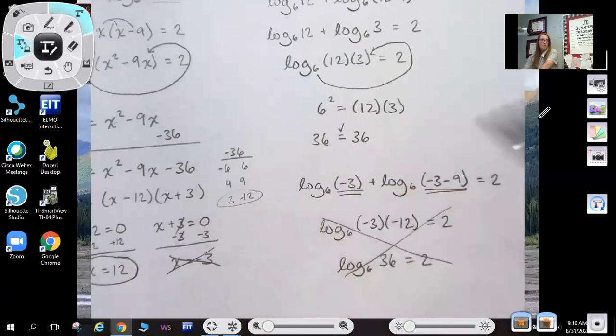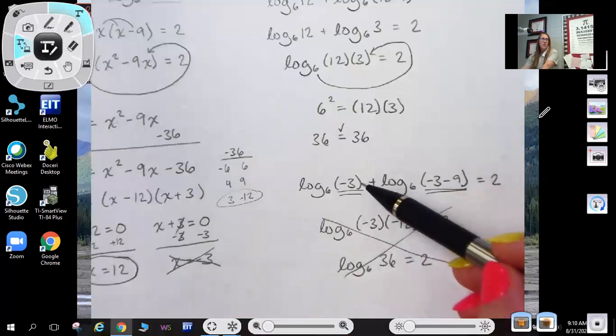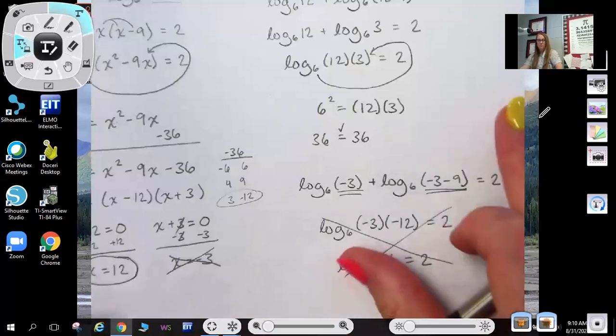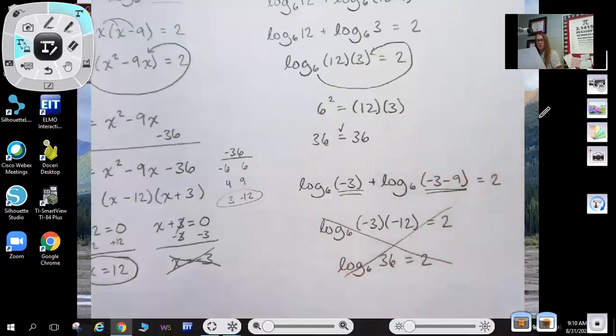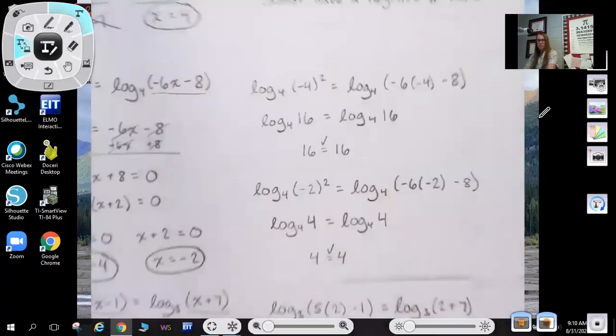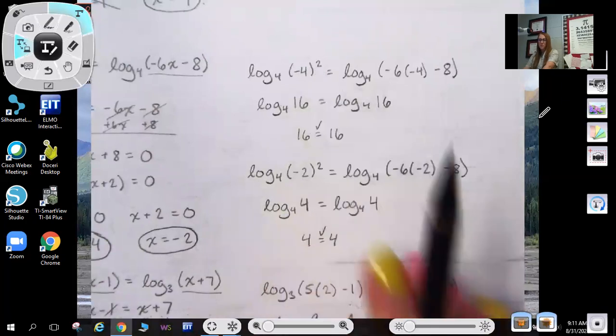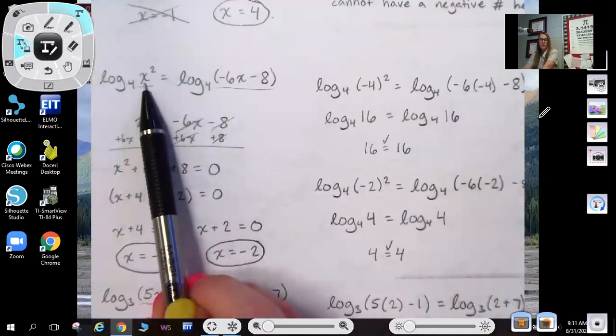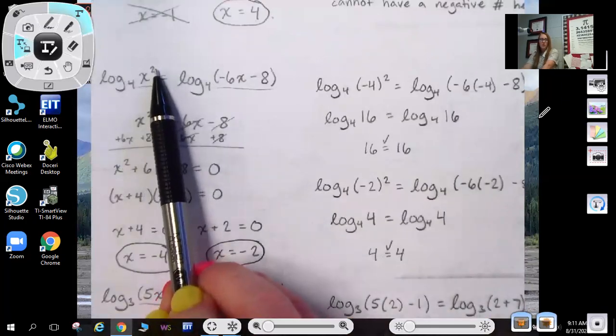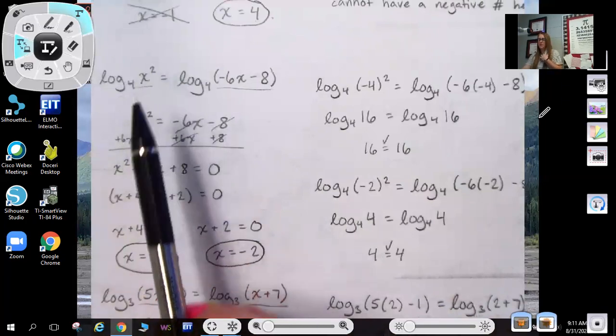Before using any properties, if there is a negative number in a logarithm, that stops you in your tracks. You can't go forward. If there is a number written within the problem, like it was on example 2, where you had negative 4 squared, because that's how it was written, it was written as x squared. We didn't have to use any property to make this become positive.